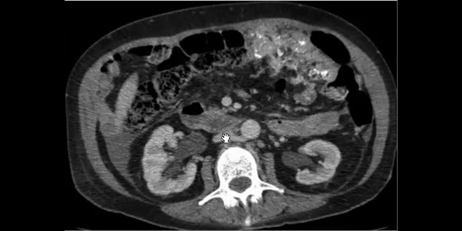There is a variant. Okay, thank you. Left renal vein, retroaortic. Okay. What else?